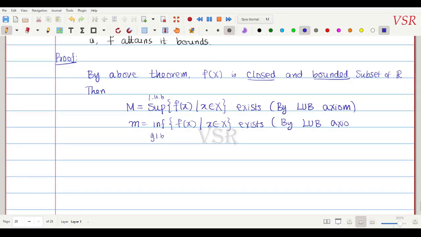Okay, by the least upper bound axiom, capital M and small m exist. What does that mean? That is, capital M and small m are real numbers. They are not infinity, that is what exist means.